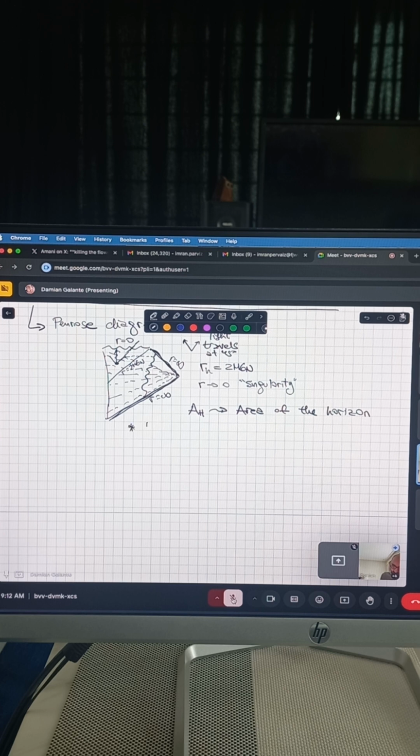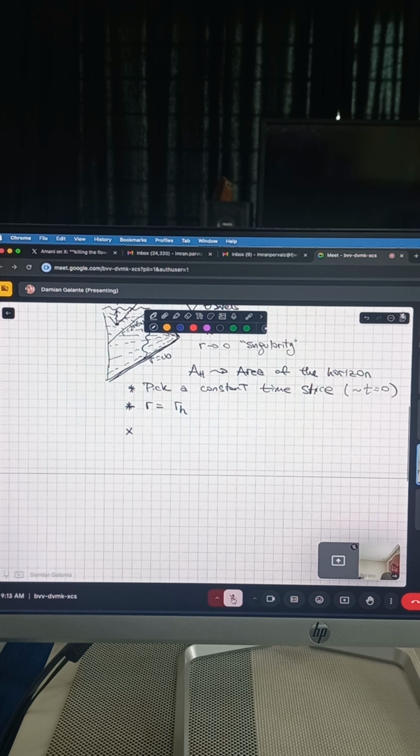The idea is you pick a constant time slice, say, just for simplicity, t equals 0, and then we have the horizon sitting at r equals RH, and what we want to compute is the area of the horizon.